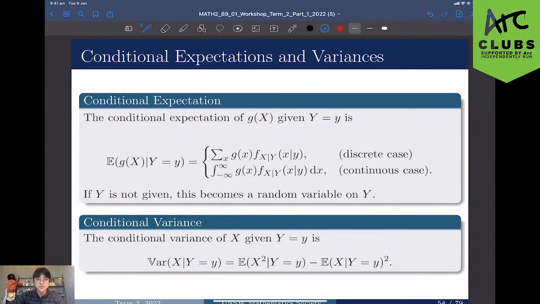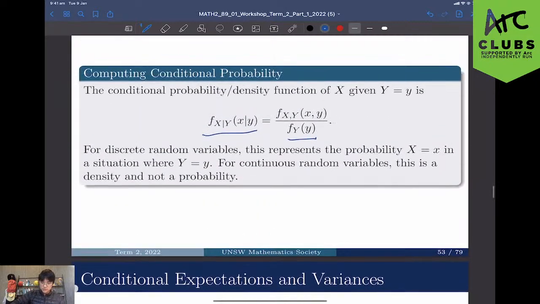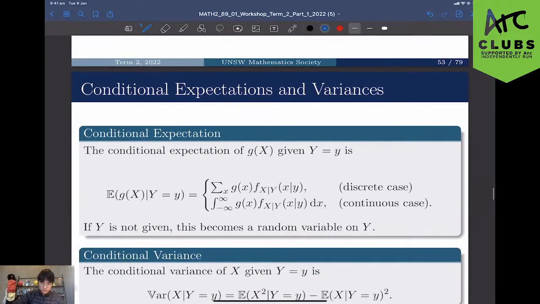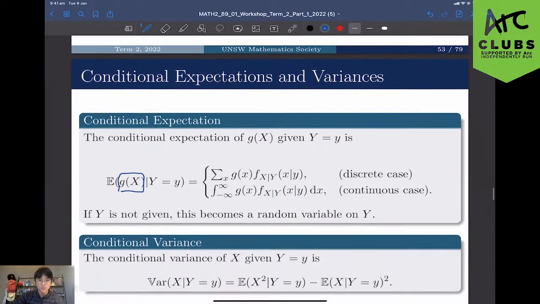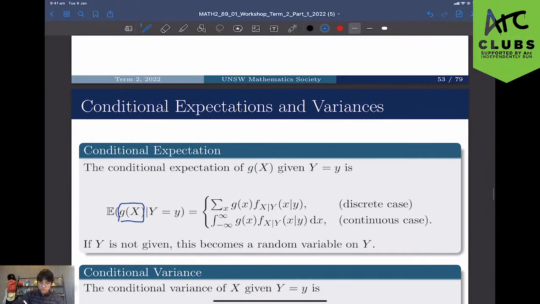For the conditional expectation of g(x), this is similar to here, where if we have g(x) given a certain value y, we just add the g(x) to the joint density function and do the same thing.